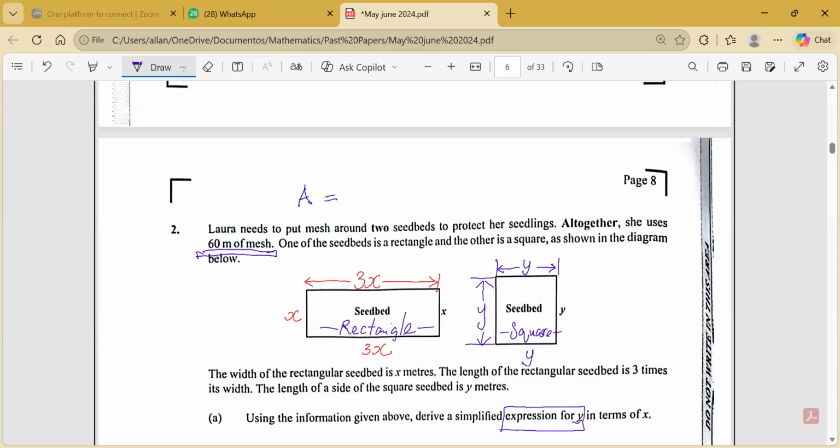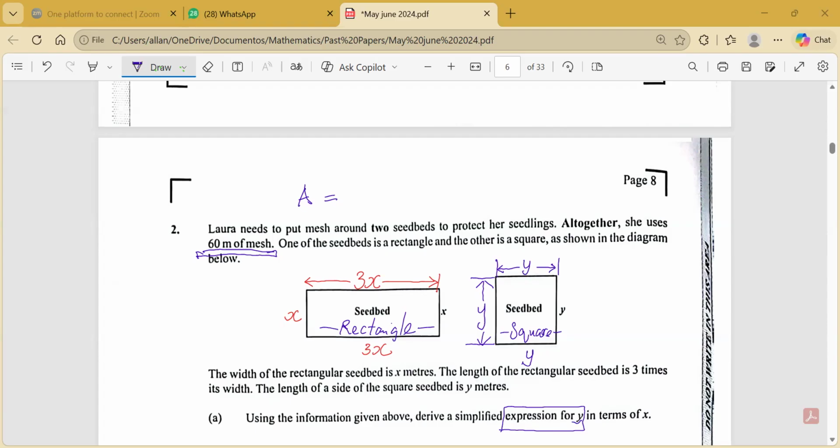Length by width. So what's the area, Deshaun? Deshaun, are you there? What's the area of the rectangle?